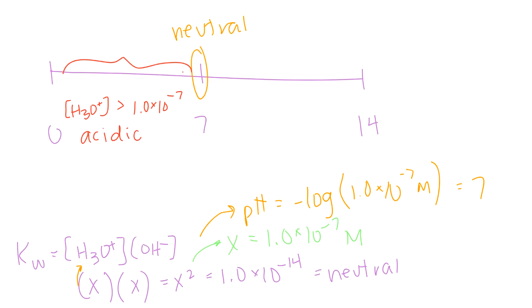If we go the other way and we say that our amount of hydronium is less than 1 times 10 to the negative 7, then that will fall into this section, which is basic.